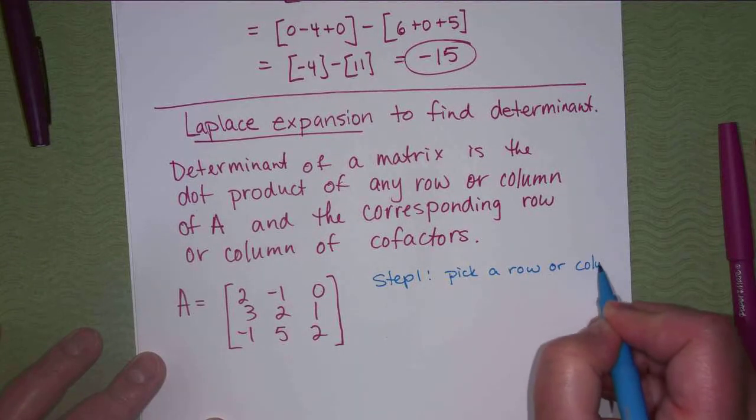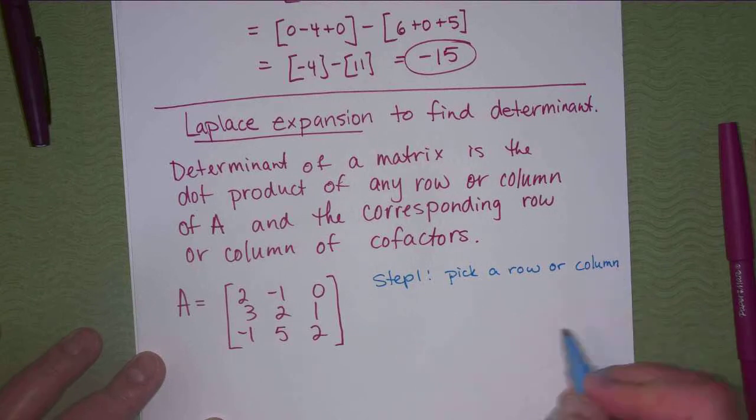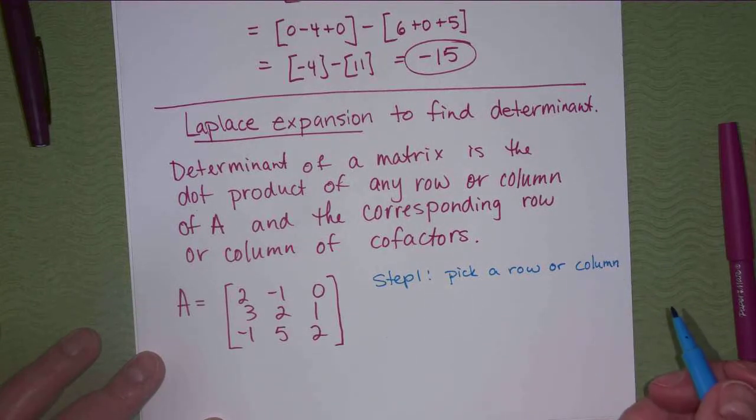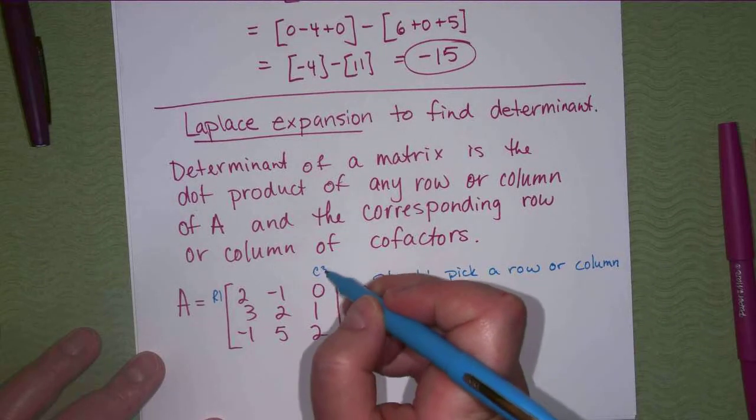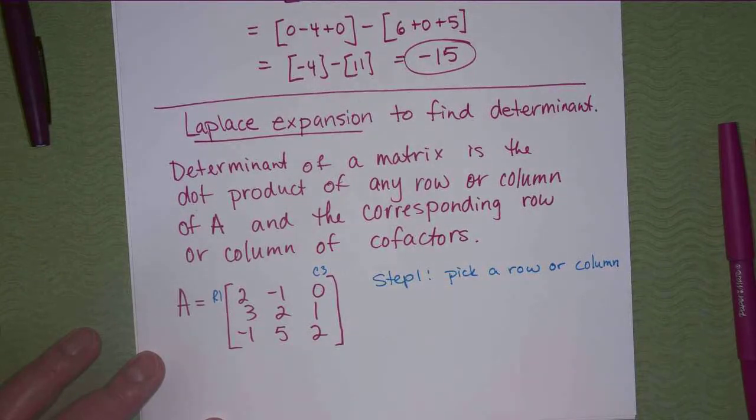So what you're looking for is some zeros, because that will eliminate some of the work. So there is 1 0 in here. So there's really a good row and a good column to pick, which would be row 1 would be okay because it has a 0 in it, and column 3 would be another choice that has a 0 in it. You can do Laplace along any row or column, but if it has a 0, that eliminates part of the work because it'll be 0 times something.